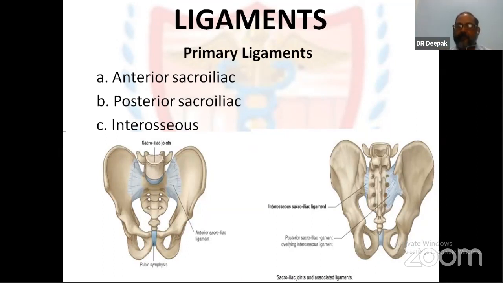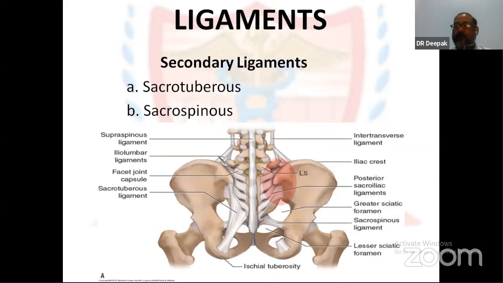So, the anterior side has the anterior sacroiliac ligament, and the posterior side has the posterior sacroiliac ligament between the sacrum and ilium bone. The interosseous ligament is beneath the posterior sacroiliac ligament, as you can see in the second picture, the interosseous sacroiliac ligament, and over that the posterior sacroiliac ligament is present.